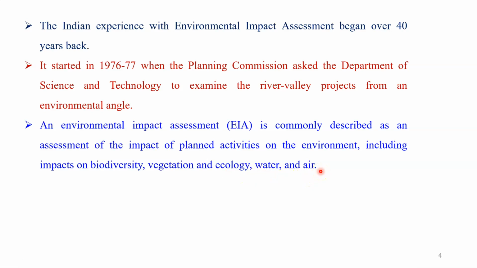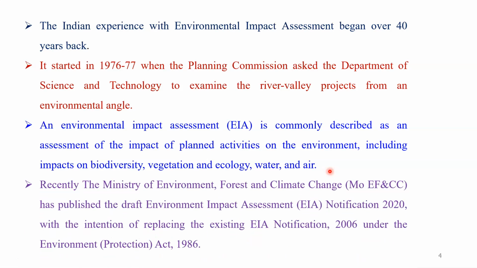Dear student, when you start any new project, it may be the construction of a dam, a bridge, a mine, a thermal power project, or any other project, we have to keep in mind that there should not be any negative impact on our surrounding biodiversity, vegetation, ecology, water, both groundwater and surface water, air quality, and all the various parts of the environment. For this purpose, the environmental impact assessment is very important.